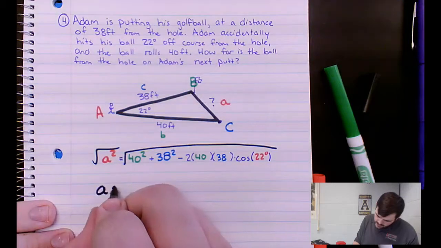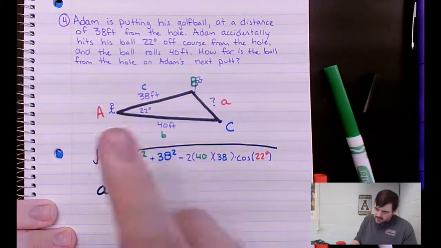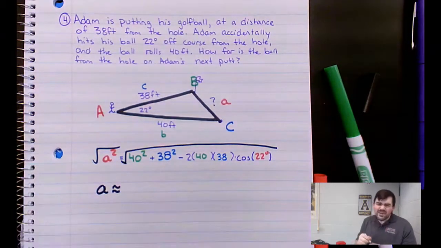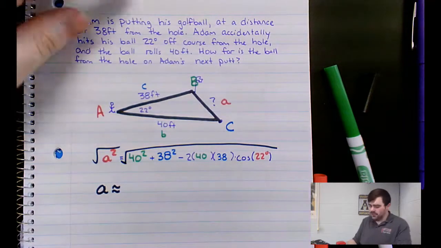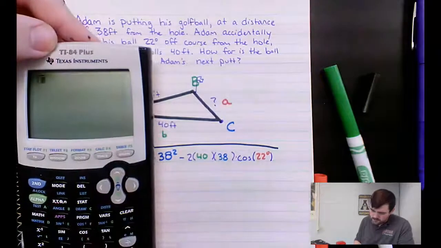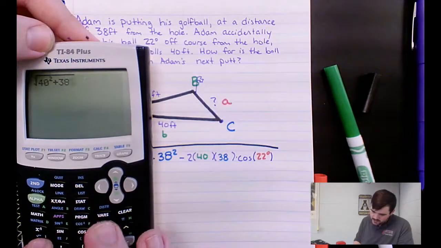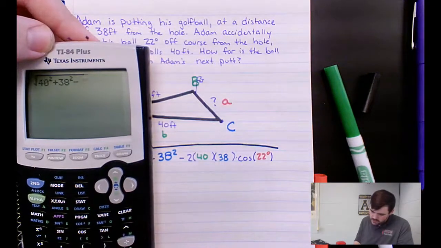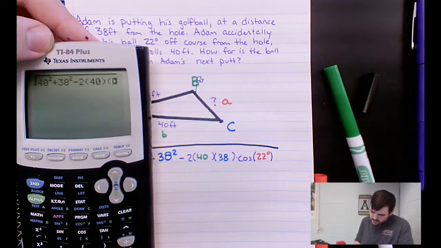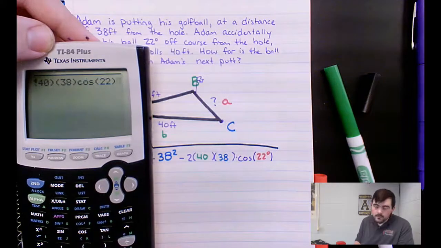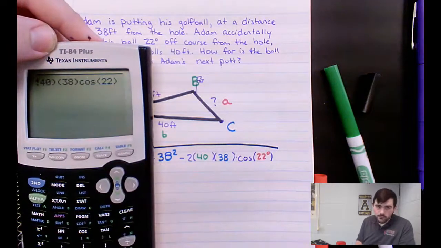So a is approximately, and then type in the square root of all of that very, very carefully into your calculator. Square root of 40 squared plus 38 squared minus 2 times 40 times 38 times the cosine of 22. Make sure that was all under that square root.